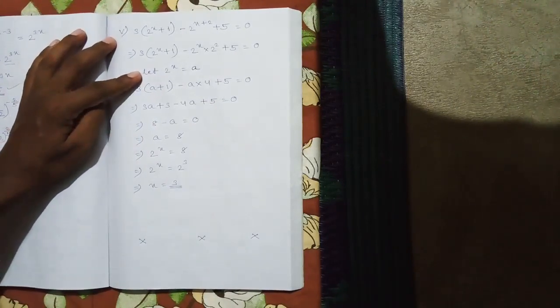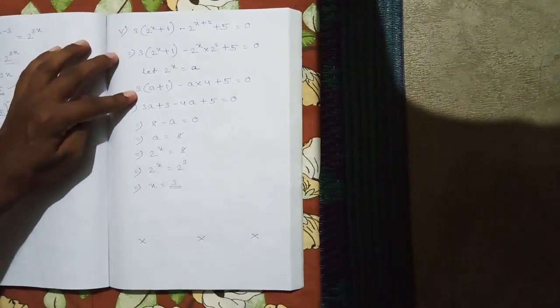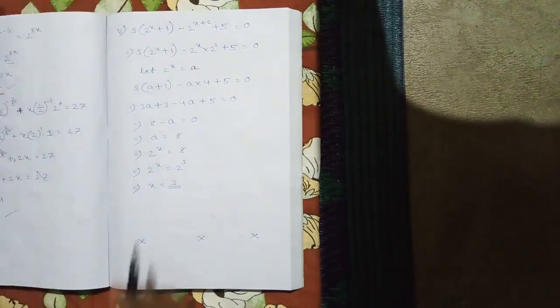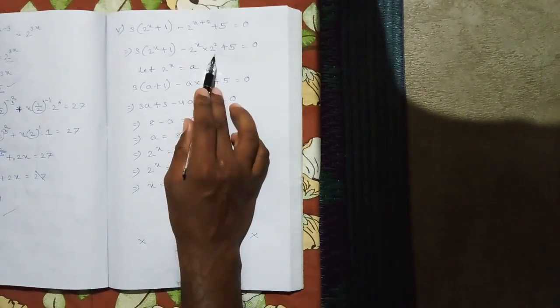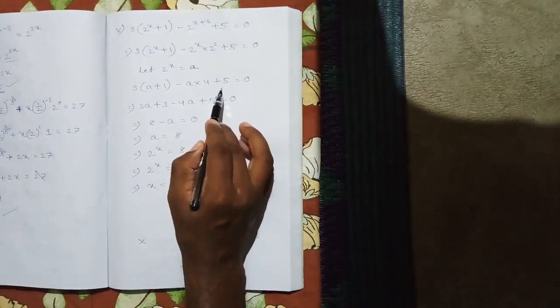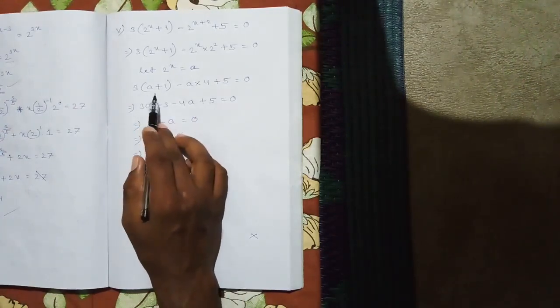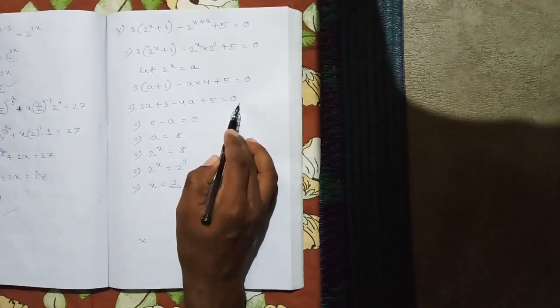This can be written as 3 whole into a plus 1 minus 2 square means 4, so 4a, means a into 4, plus 5 is equal to 0. So open the bracket, expand, 3a plus 3 minus 4a plus 5 is equal to 0.